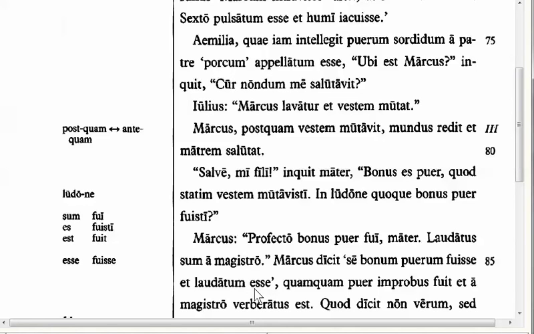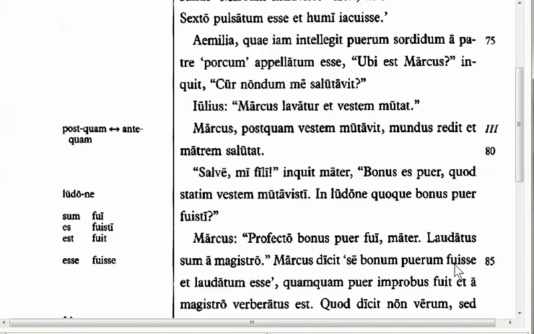So notice here that we have the infinitive to have been, but we don't translate it as to have been. We don't say Marcus says that he to have been a good boy and was praised. We say that he was a good boy because we're in the accusative and infinitive construction, the indirect speech construction. So we translate our infinitives as if they were indicatives.